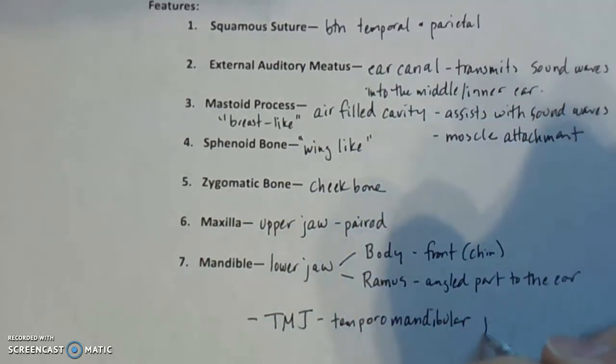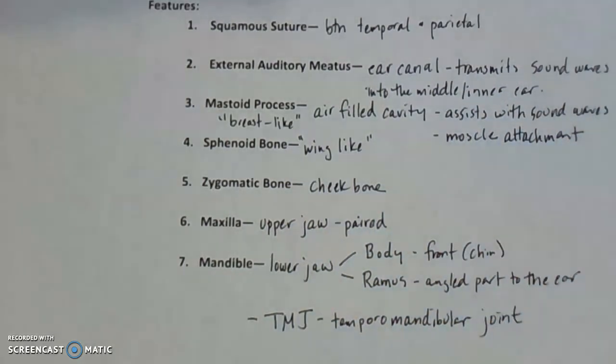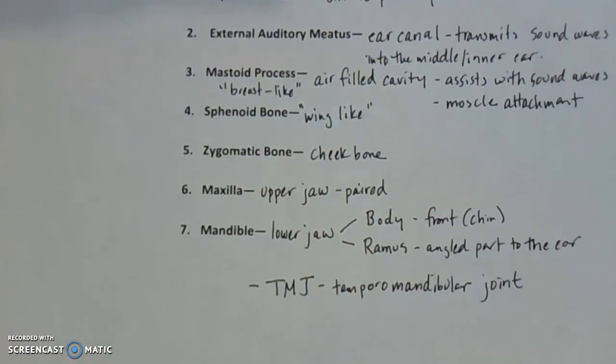Some people have a disorder in which the temporomandibular joint is slightly defective and it clicks whenever they move their jaw up and down. Or some people have a lot of pain in that area. Also, if your jaw is dislocated, it can slip out of that joint, and I would imagine that would be a very painful dislocation.